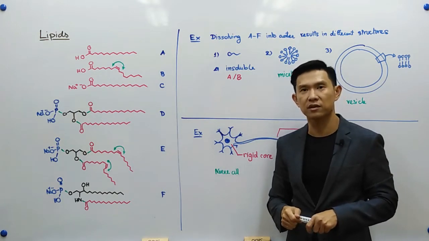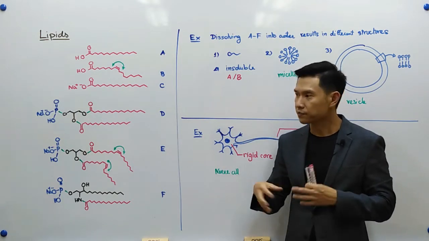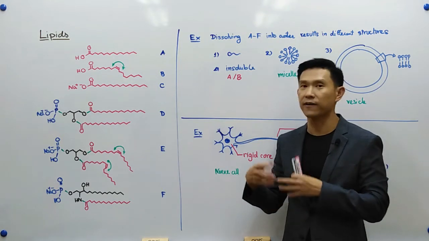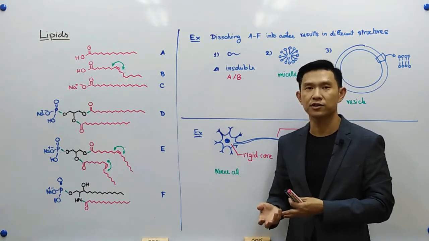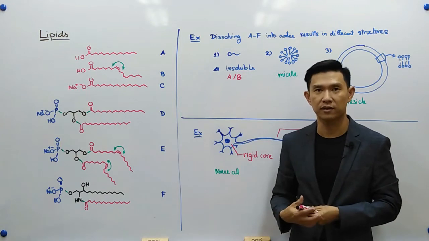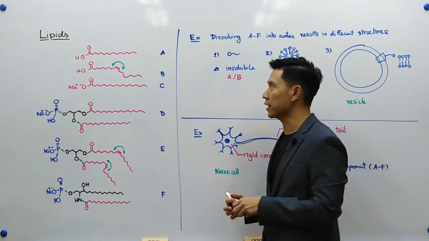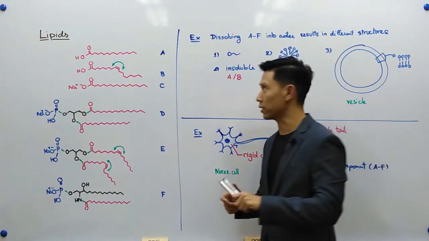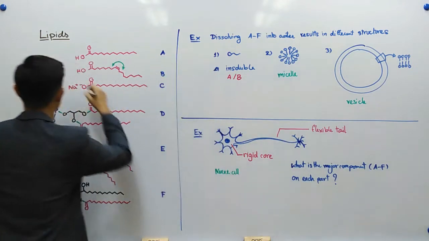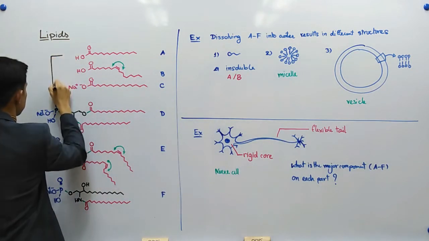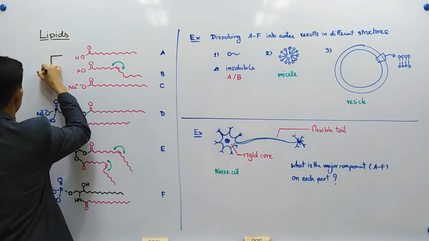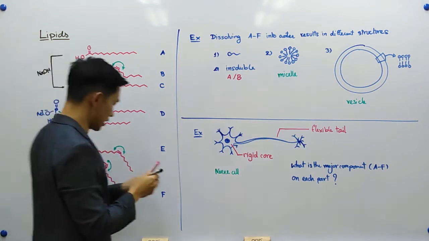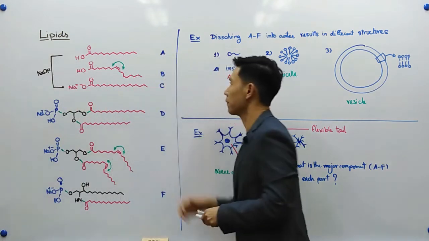What you can easily do to modify the structure of A is to increase the polarity of A. And to increase the polarity, it is very straightforward, because A is the acid. So you just put in sodium hydroxide, then you can change A to C.